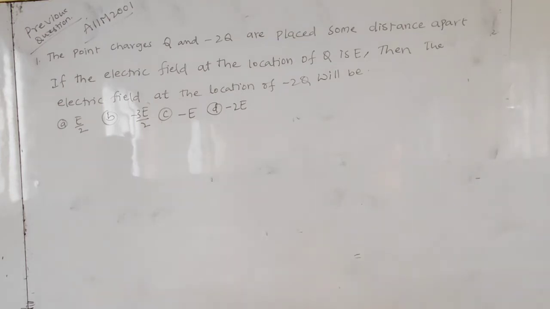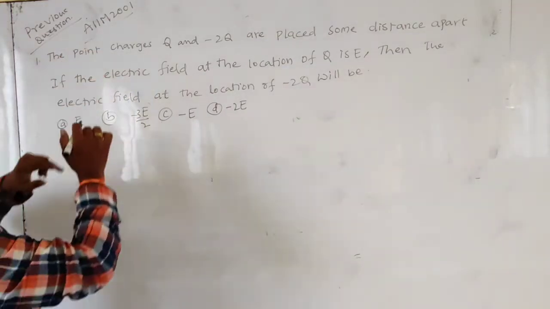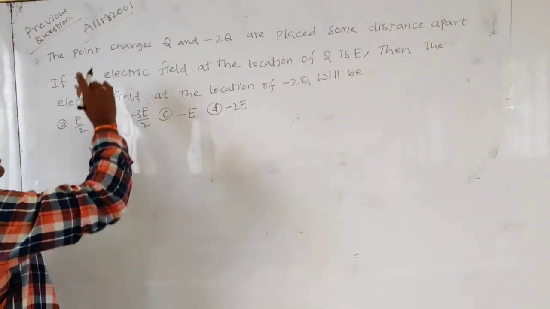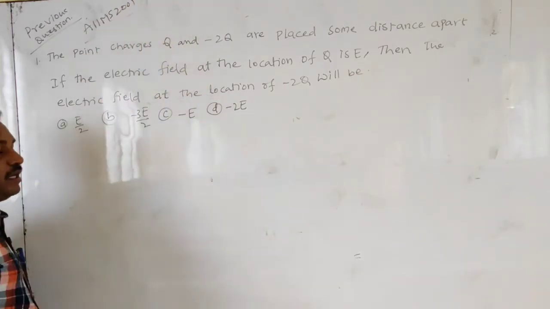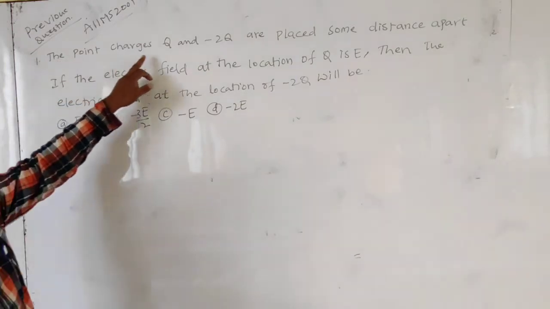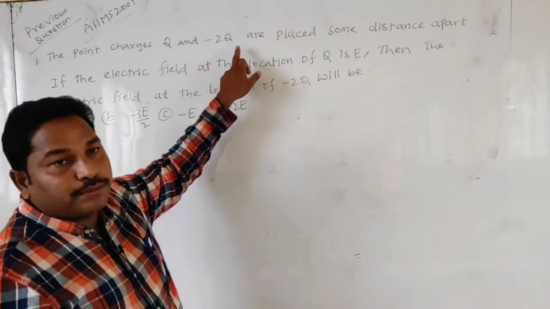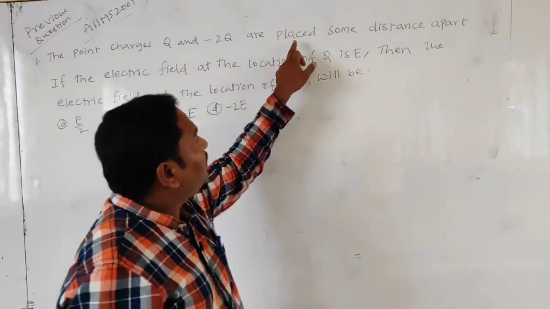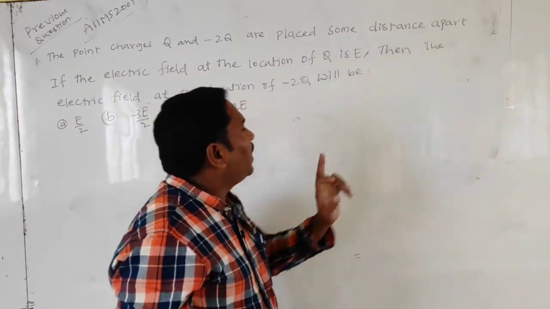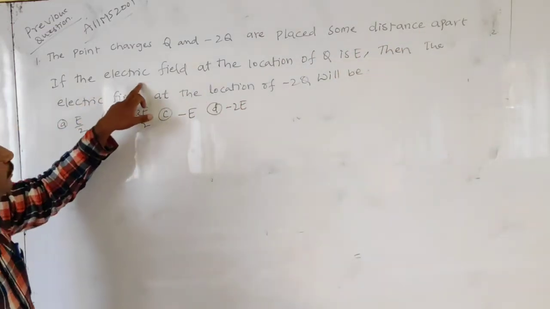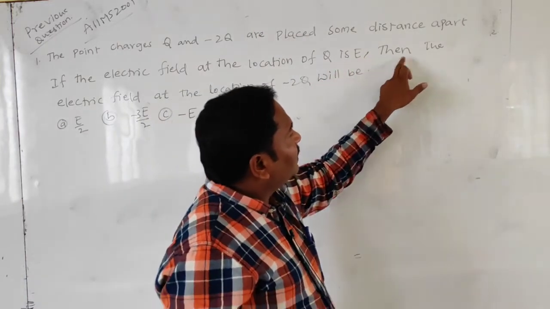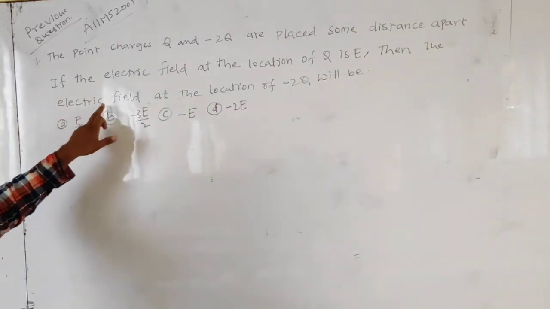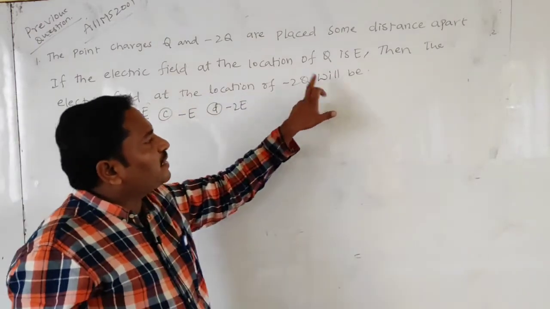Yes, this is the AIIMS 2001 question. The point charges Q and minus Q are placed at some distance apart. If the electric field at the location of Q is E, then the electric field at the location of minus 2Q will be?